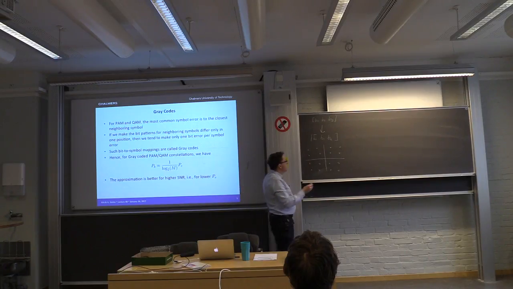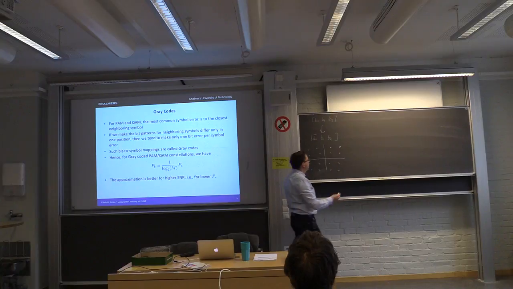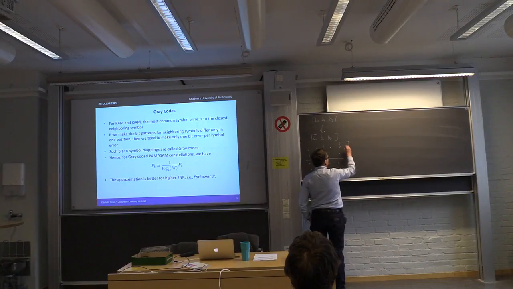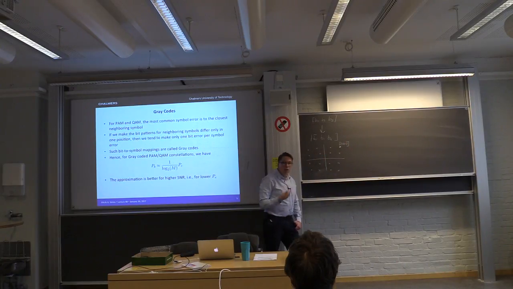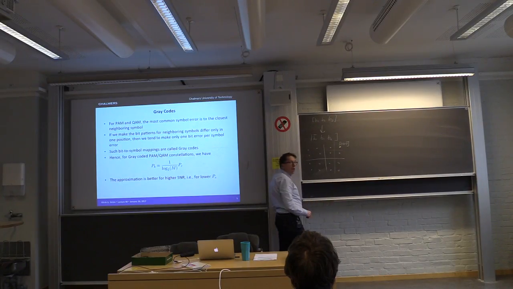So when we transmit, say, this symbol here, we need to give it a label, 4 bits, so say it's 0, 0, 0, for instance. Now, what is the most common type of symbol error we will make? Well, we know that the decision regions will look something like this.